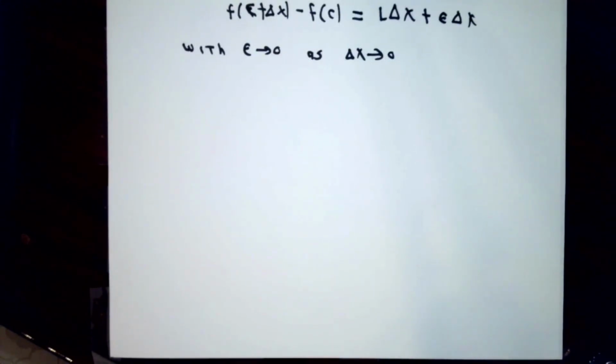The L is, again, secretly f prime at c. The reason that I bring this up at this point is this is going to indicate what I ought to do in order to define a function of more than one independent variable as being differentiable at a spot.